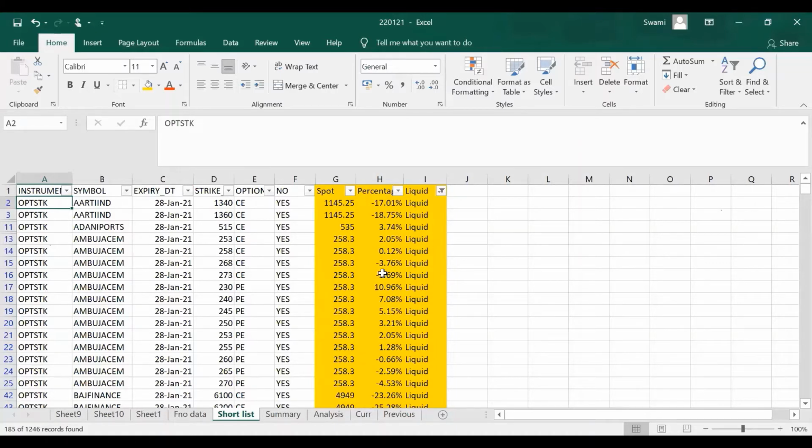Basically, what this means is the option activities in these stocks have been pretty high compared to the previous days, and you are likely to have a high intraday movement on Monday or on Wednesday.